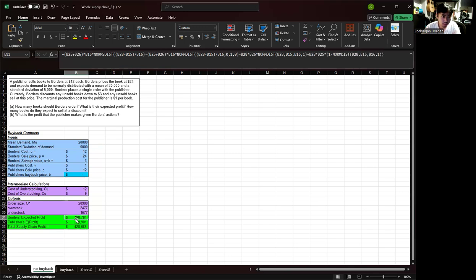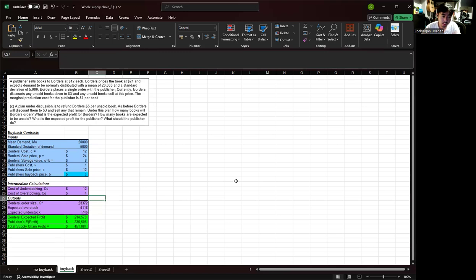So the expected value is around $200,000, and from there we can also derive what profits the publisher can expect. All in all, in total, the supply chain itself can expect around $428,000 of profits.